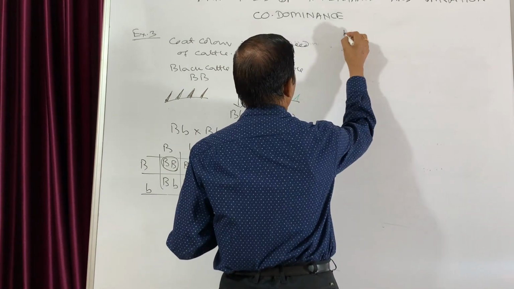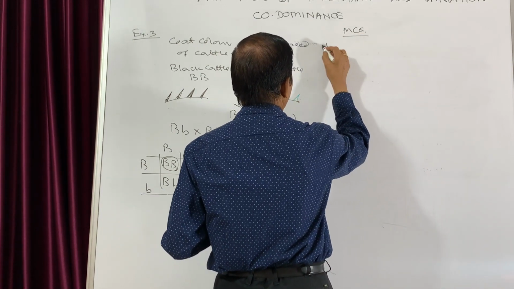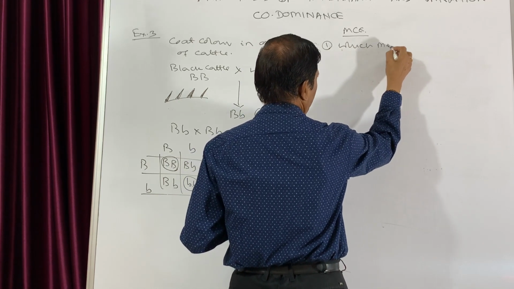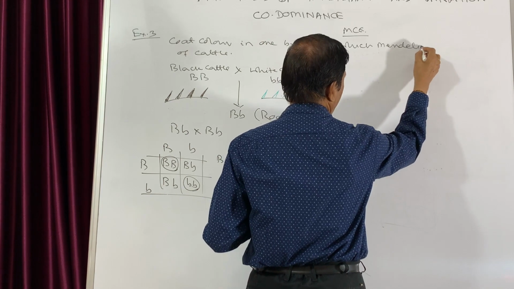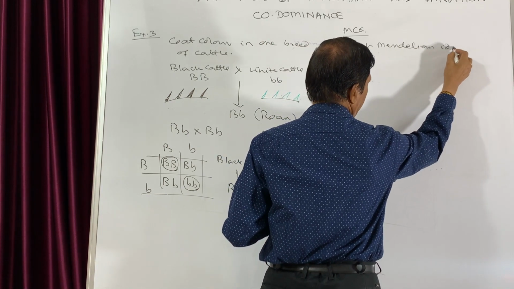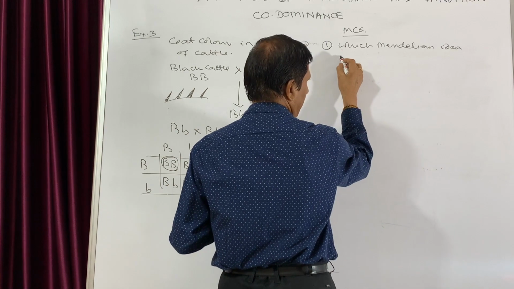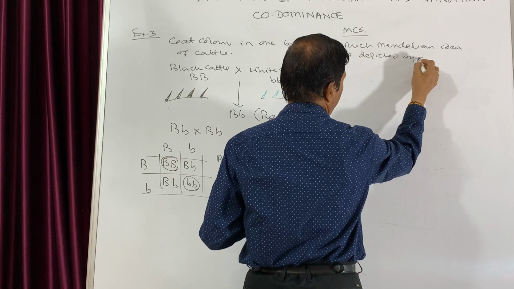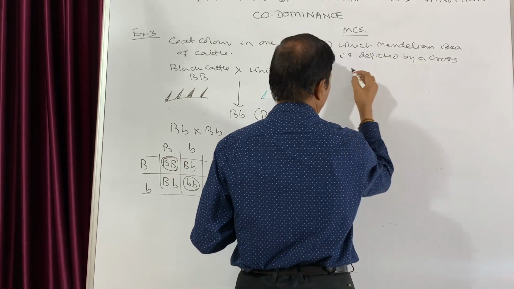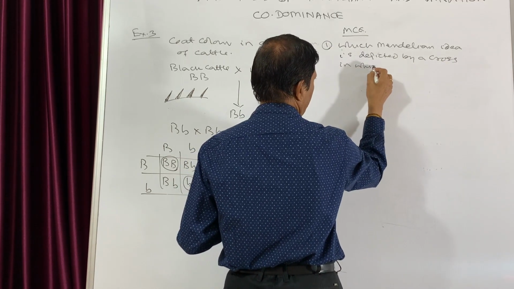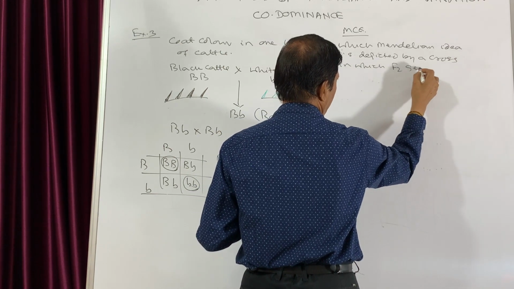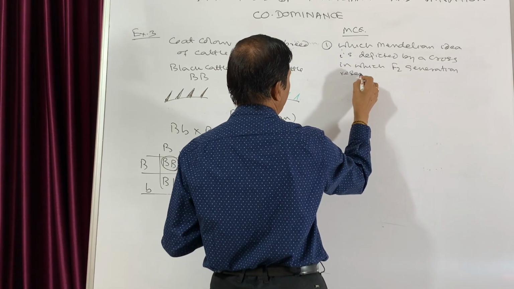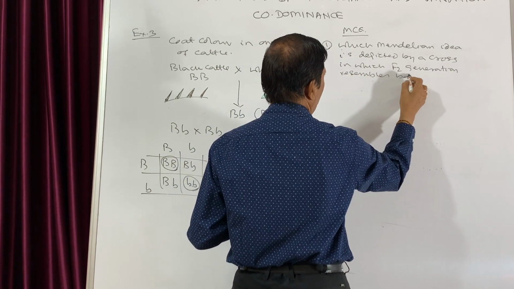So I can write here the MCQ. Question number 1: Which Mendelian idea is depicted by a cross in which the F2 generation resembles both parents?